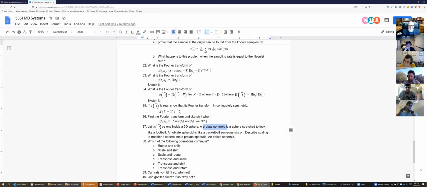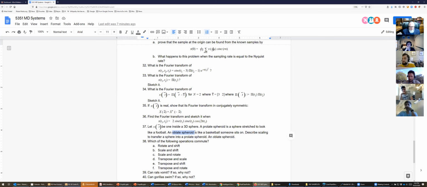Now, a football is not exactly a prolate spheroid, but it gives you the idea of how we distort the sphere. And the other one is an oblate spheroid, which looks like a basketball somebody sits on. So in other words, it's a sphere which is kind of flattened at the top and flattened at the bottom.